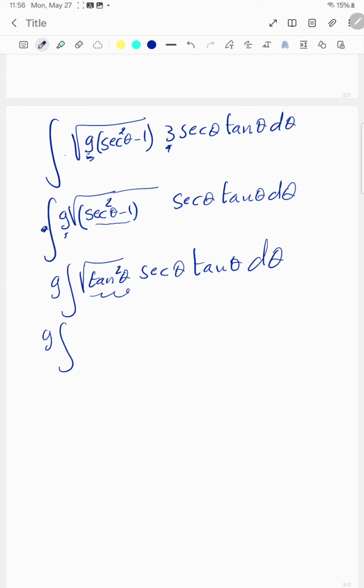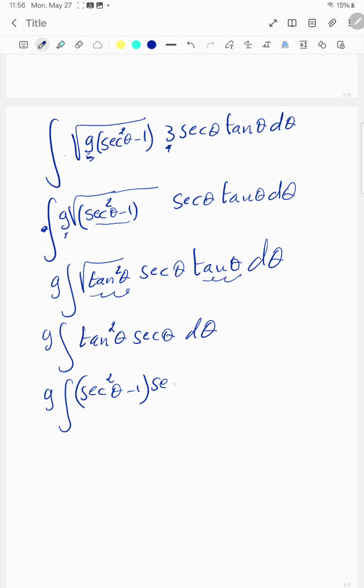So this is tan of theta times this tan of theta, it becomes tan square of theta sec theta d theta. And here the tan square I can write as sec square of theta minus 1. So 9 integral of sec square of theta minus 1 times sec of theta d theta.